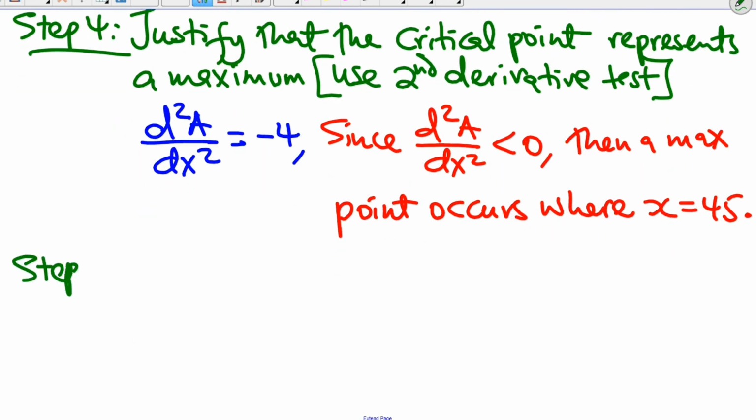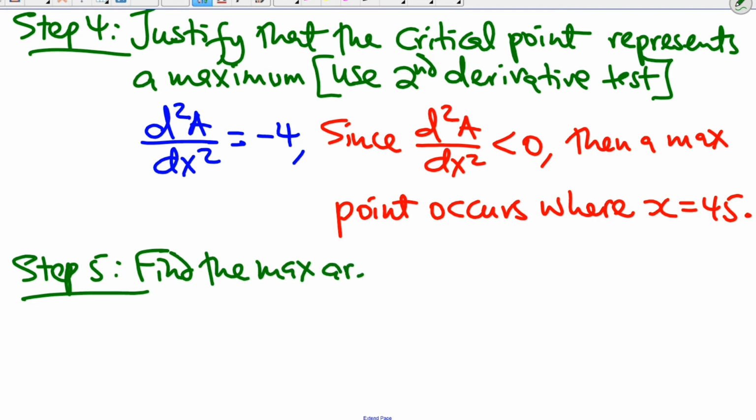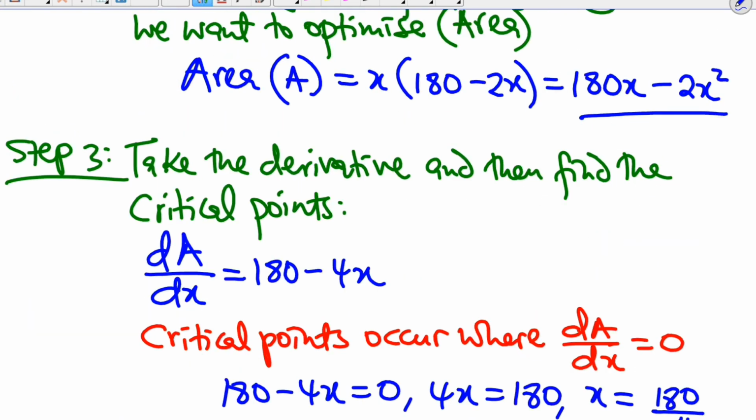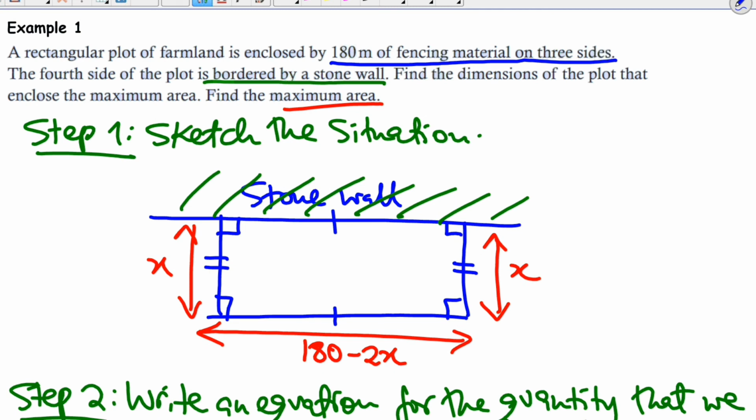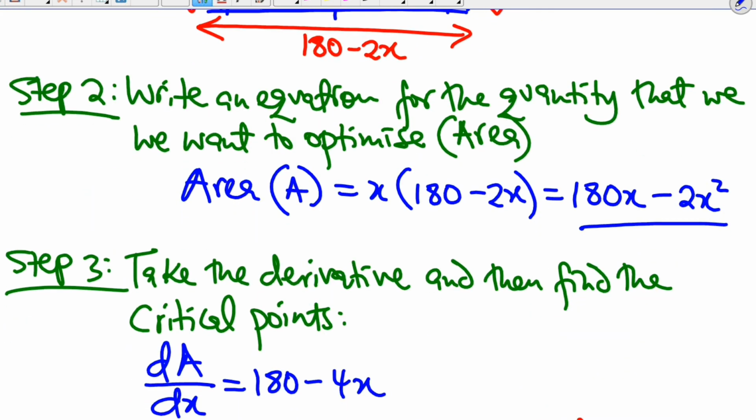So step 5 is to find the maximum area. The maximum area will be, we plug 45 into the original expression representing the area of this farm.